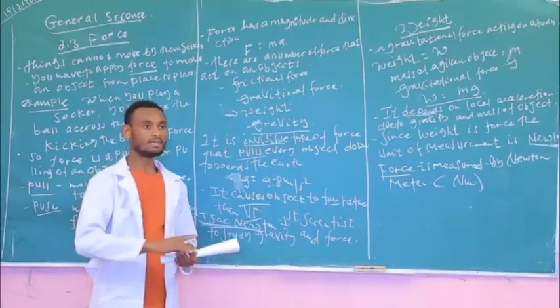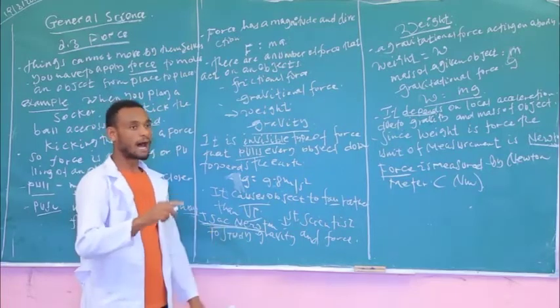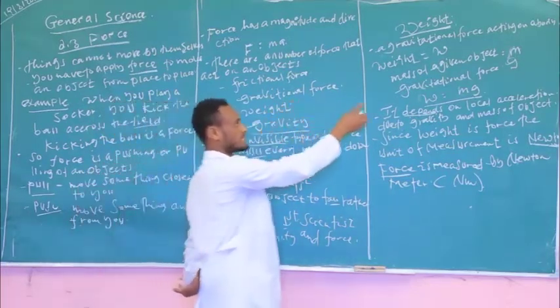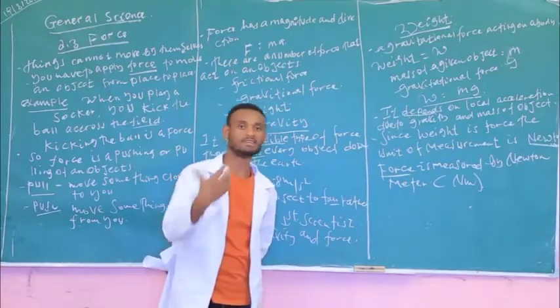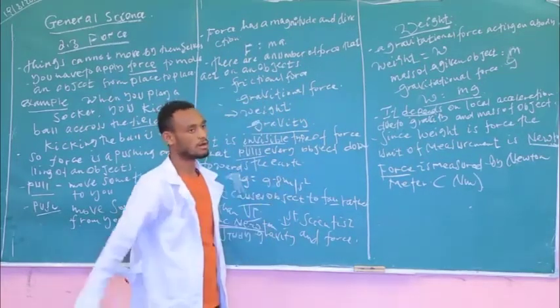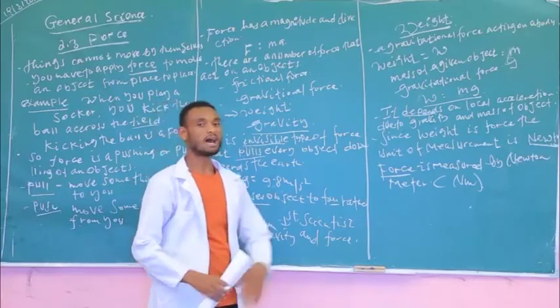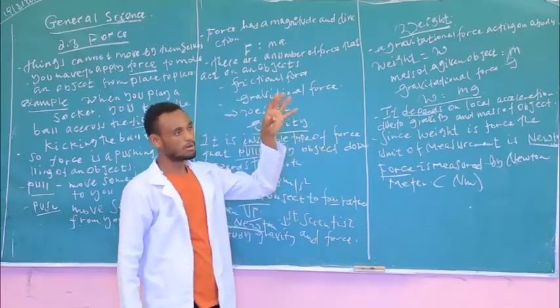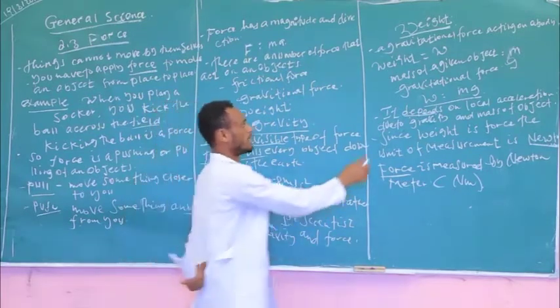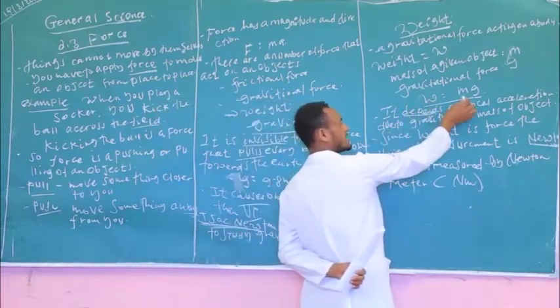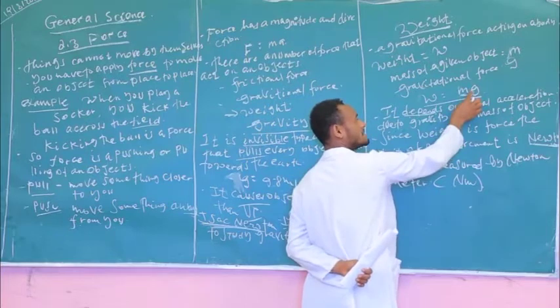Weight is represented by W. It is the gravitational force acting on a body or an object. So look here: weight is equal to mass times gravity.